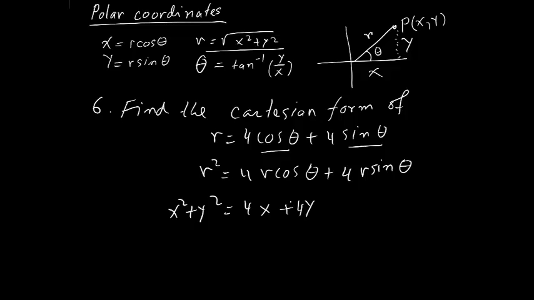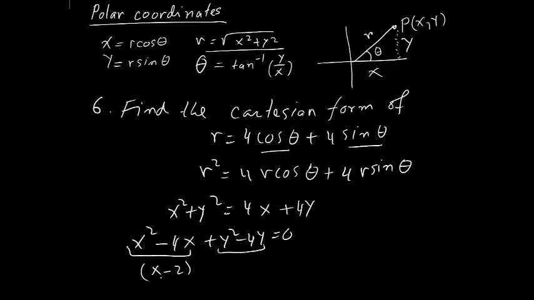Do you know what kind of equation this is? It is a circle again. You can write like this. Look here. x squared minus 4x plus y squared minus 4y equals 0. And then in pre-calculus, you have seen how to complete the square on those. You write x minus half of 4, which is 2, squared, plus y minus 2 squared.